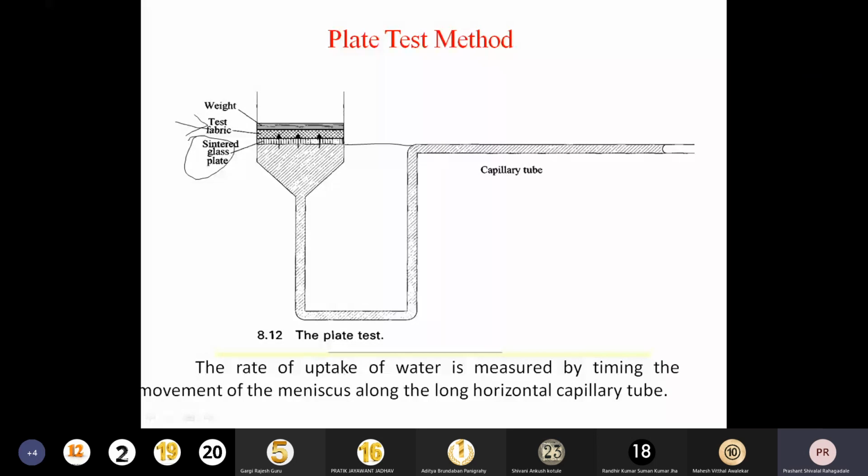Now, you can see here on the top of this glass plate we have kept the fabric, okay, and on that fabric a certain weight is also kept.